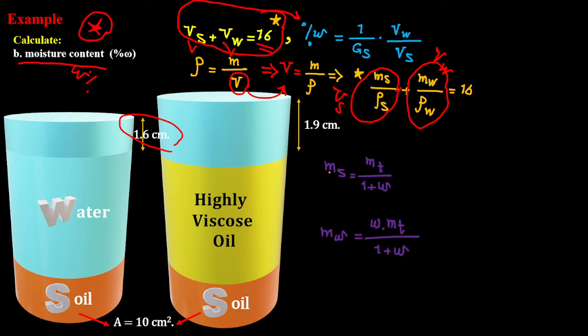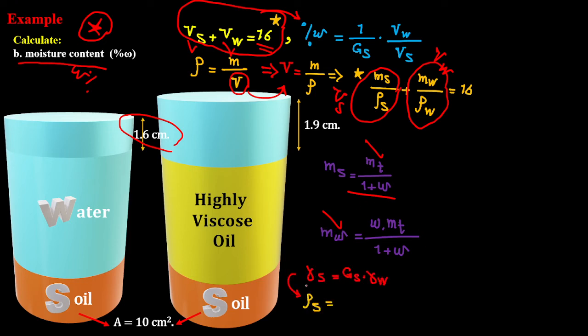At the same time, we know Ms, mass of soil, is equal to total mass over 1 plus moisture content w, and Mw, mass of water, is equal to w times total mass over 1 plus w.